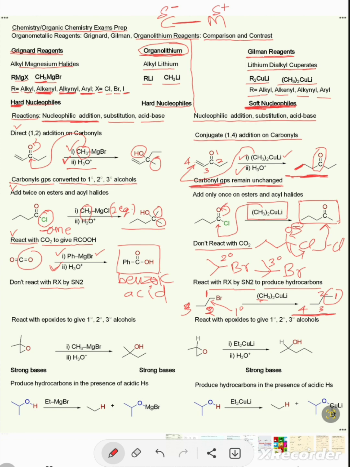So what is the similarity between these two reagents? So there are the following two reactions. First is the epoxide ring opening, and the second reaction is production of hydrocarbons when there is an acidic hydrogen present, or a proton donor, then you can synthesize the hydrocarbon. So let's have a look quickly at these two types of reactions that are similar.